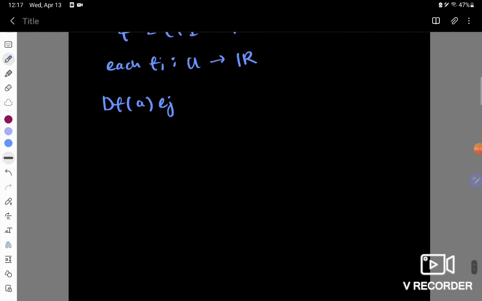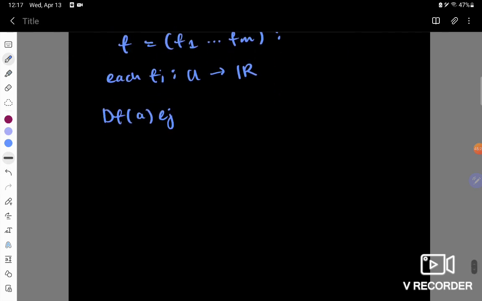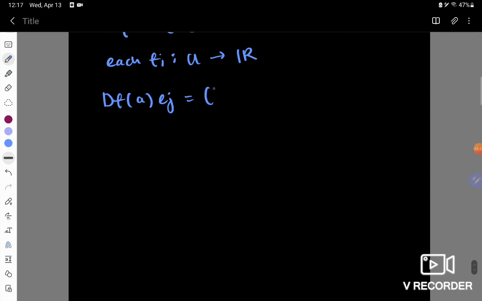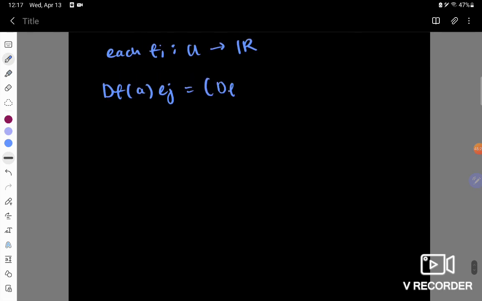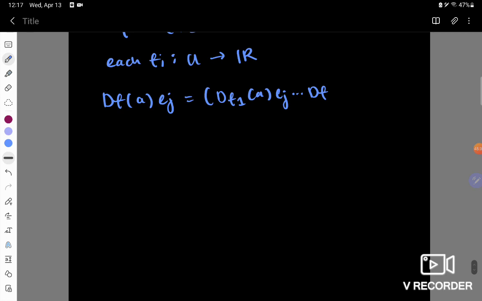To do this, we notice that we've broken up our function, so we can just write df_1 of a, e_j, and so on and so forth, till df_m of a, e_j.